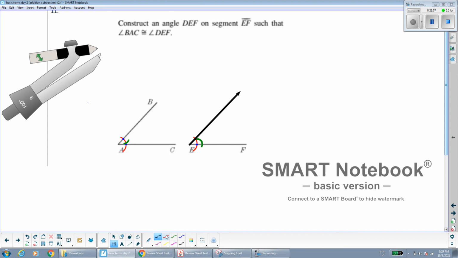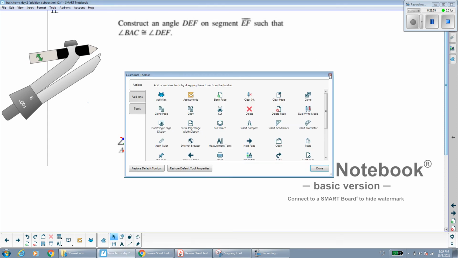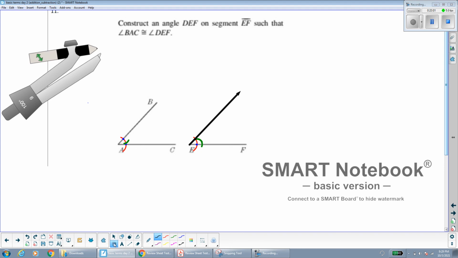We can pick a point on the angle and we can call it point D. And now we have angle DEF, and it is congruent to the angle that we started with, angle BAC, because we did copy this angle and put it over here.